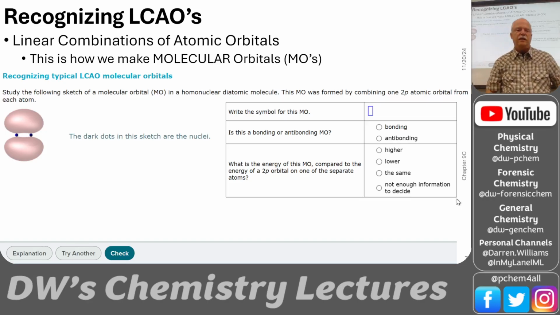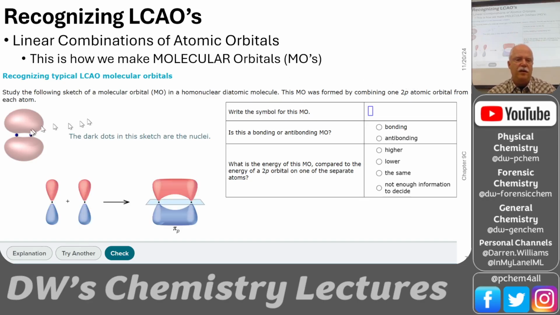So when we see this, these dark dots in the sketch are the nuclei. This is very similar to a pi interaction. So what's the symbol for this molecular orbital? We would write pi, and this is going to be bonding, and this is going to be lower compared to the atomic orbitals, because the electrons can go around in a bigger box, and so they have no nodes.